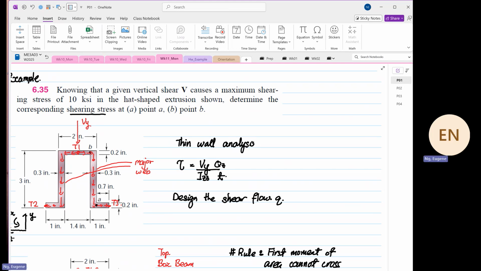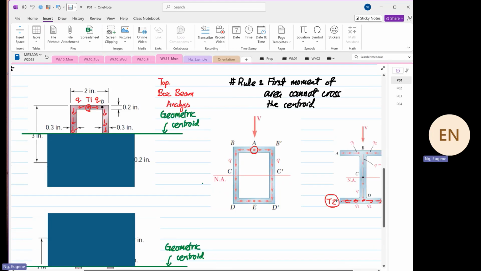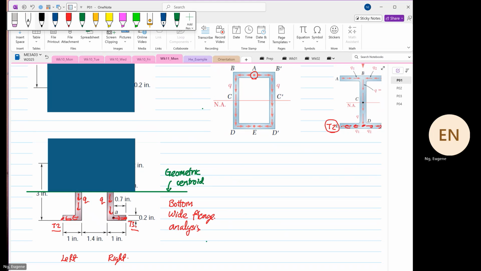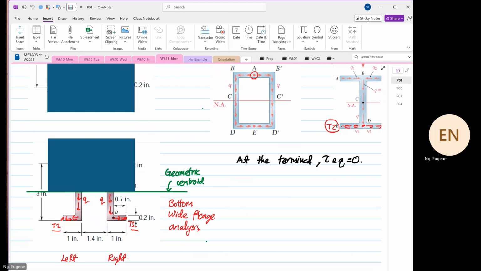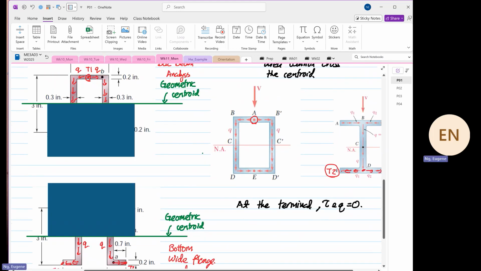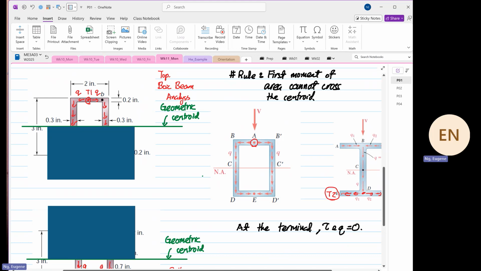Are we clear? Okay. Now, we are also aware that at the terminal, the shear stress and Q are equal to what? Equal to 0. So our analysis has to start where Q is equal to 0, right? So for B, at point B, we have to consider this area.